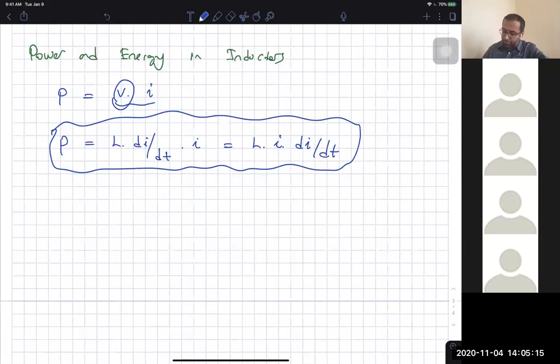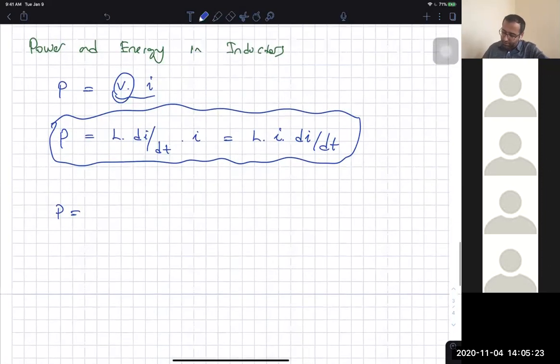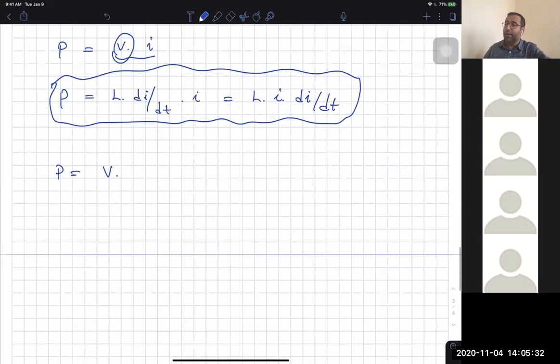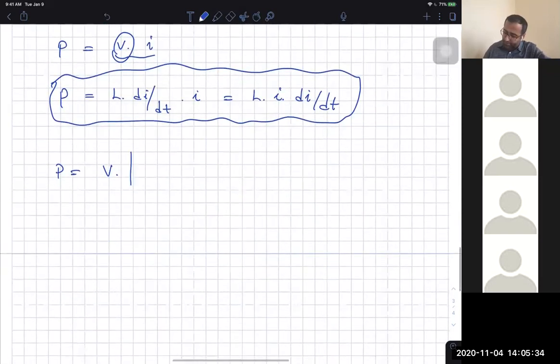It's very simple. But also, instead of plugging the voltage in, I can plug the current in terms of voltage. So I can say this will be V times, for I, I will use the equation we have here in terms of voltage, which I can represent as 1 over L times the integral from t0 to t of v(y) dy plus i(t0).